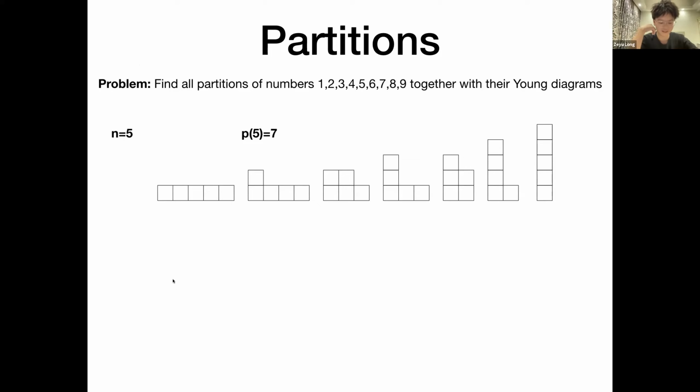Might start with 1 plus 1 plus 1 plus 1 plus 1 plus 1, all ones, the 6 ones. And start with 2, like 2 plus 1 plus 1 plus 1 plus 1, and 2 plus 2 plus 1 plus 1, and 2 plus 2 plus 2.